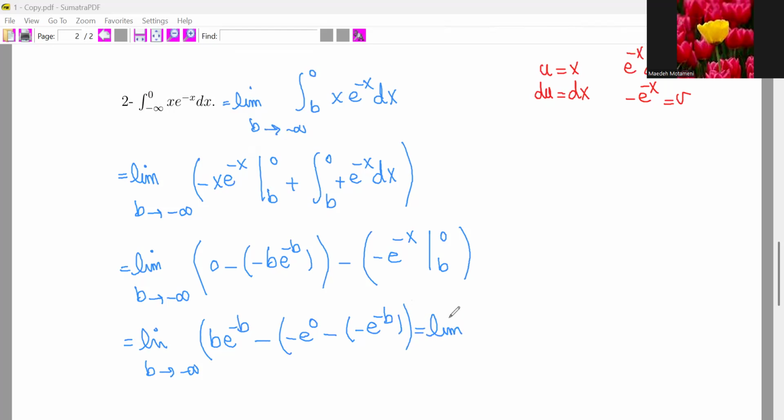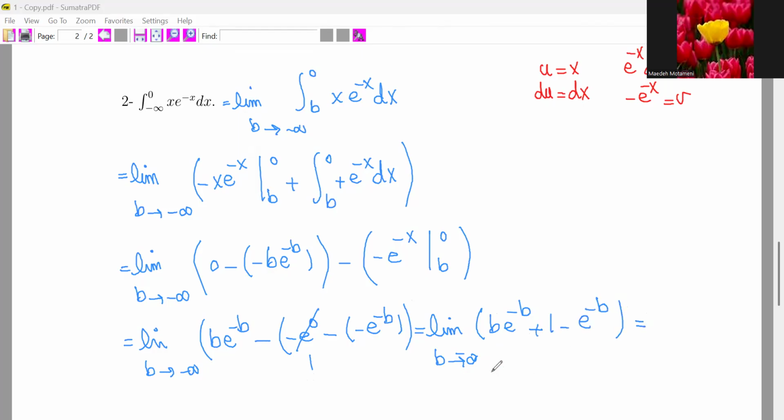Altogether, we would have the limit when b is approaching negative infinity. This one is just 1, so you would have b e to the negative b, and this is minus, not plus. Okay, let's say plus 1 minus e to the negative b.